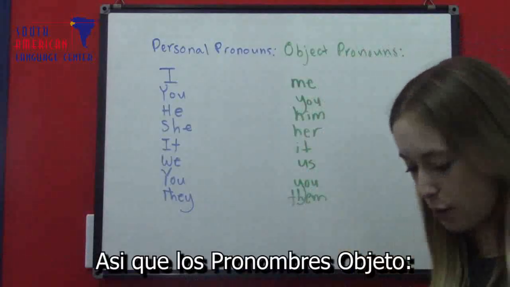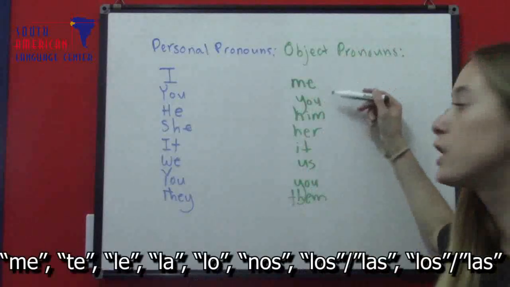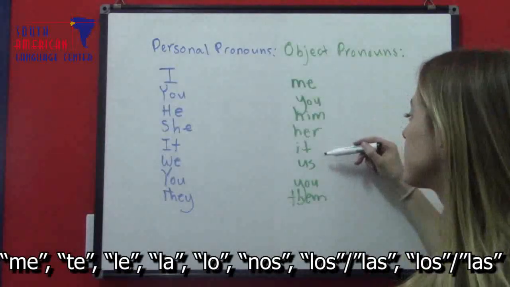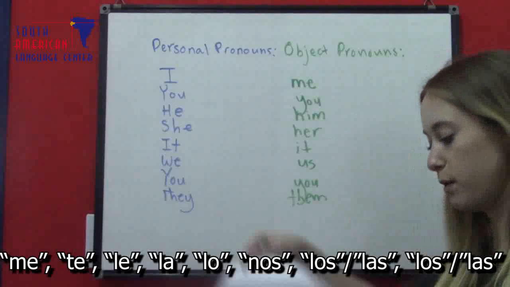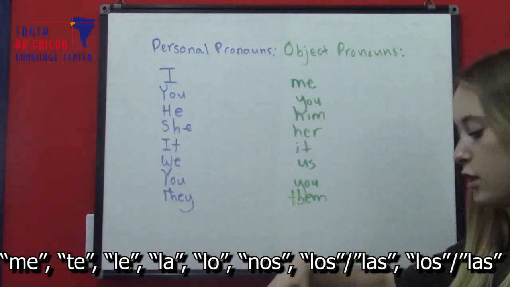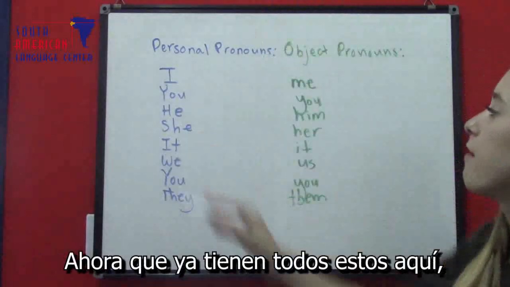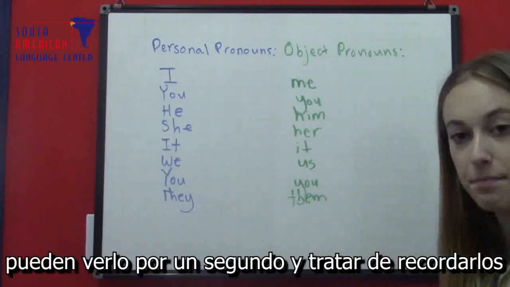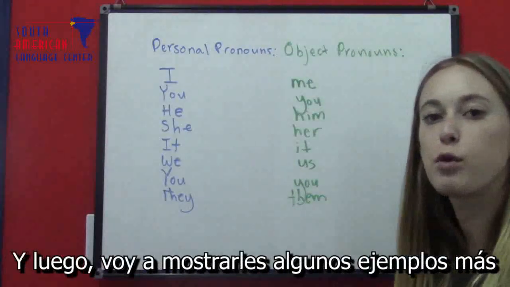So the object pronouns, me, you, him, her, it, us, you, and them. So, now that you have all of these here, you can look at it for a second and try to remember them. And then I'm going to show you some more examples.